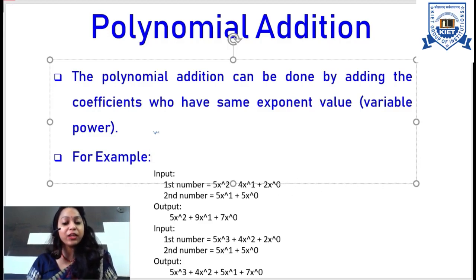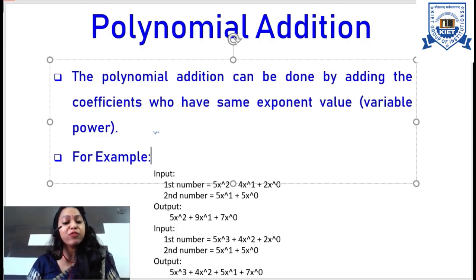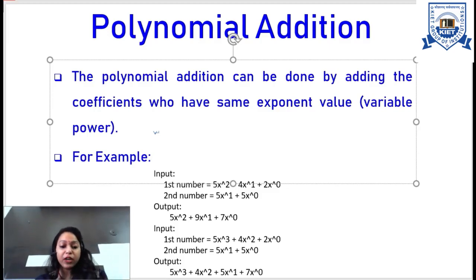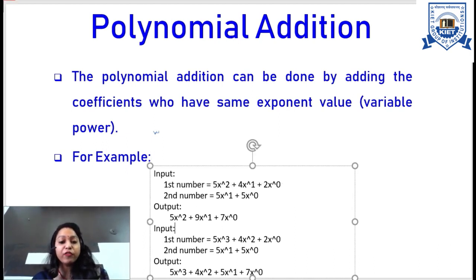We move to the next term of the second equation. There is no term in the second equation. So the final result of the addition of the two polynomial equations will be 5x square plus 9x plus 7. This way we are performing the polynomial addition of two polynomial equations.